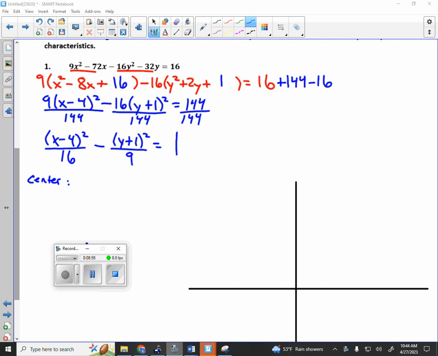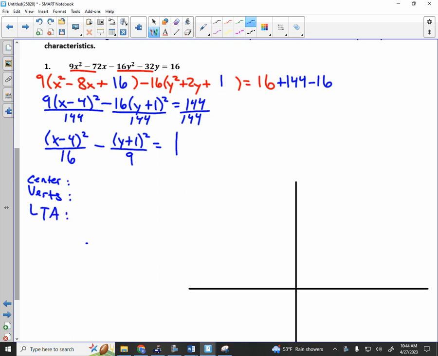Yep. So we got center, and then we're going to go vertices. We're going to go length of the transverse axis. We're going to do the foci and the asymptotes. All good? All right.